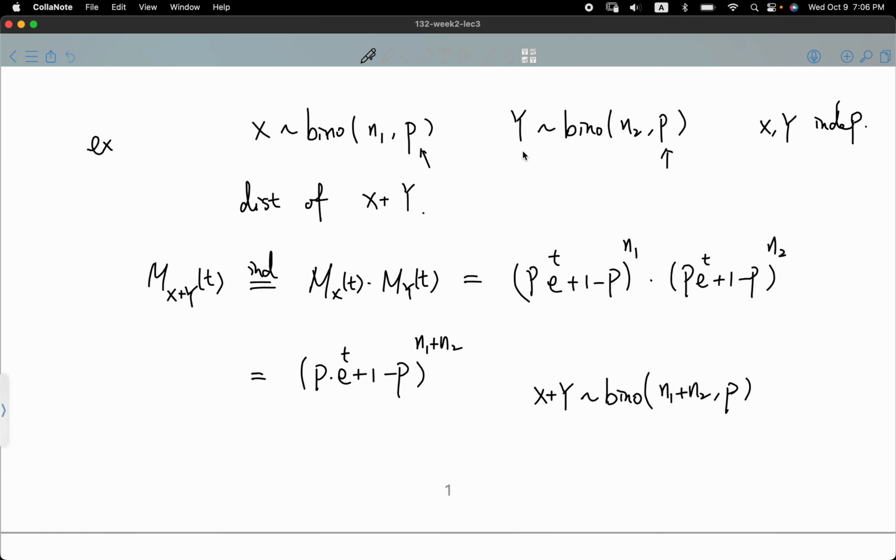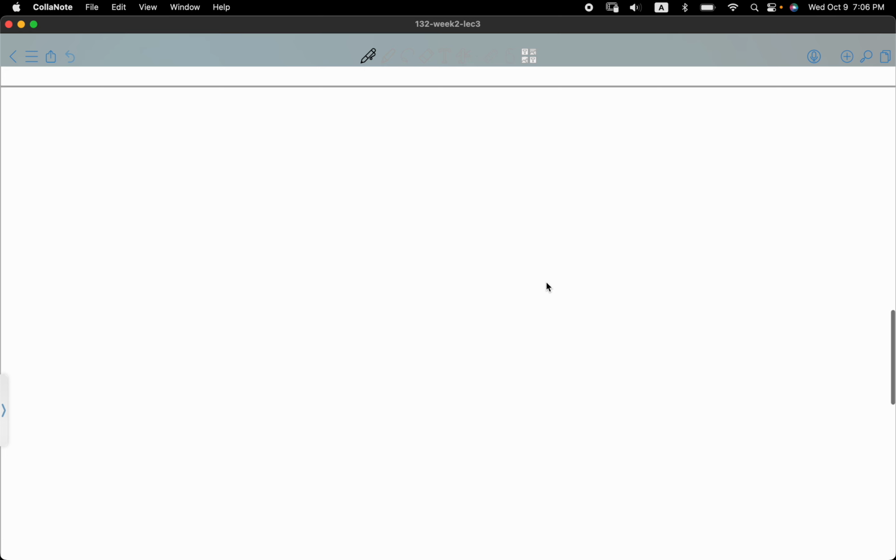Okay, and before we talk about the normal distribution, I would like to talk a little bit about some other properties of the moment-generating function, besides the formula that we presented last time.